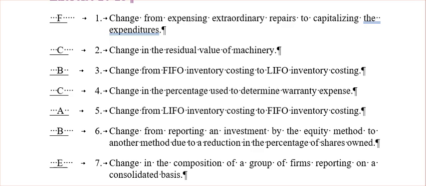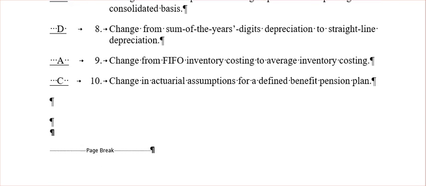This is an exception. It's an exception to the general principle, which would say you go back and restate. So this is one of our exceptions, just like 3 up there was an exception. A change in the composition of a group of firms. This is a change in your entity. When you change entities, you pretend as if the other entity had always existed.